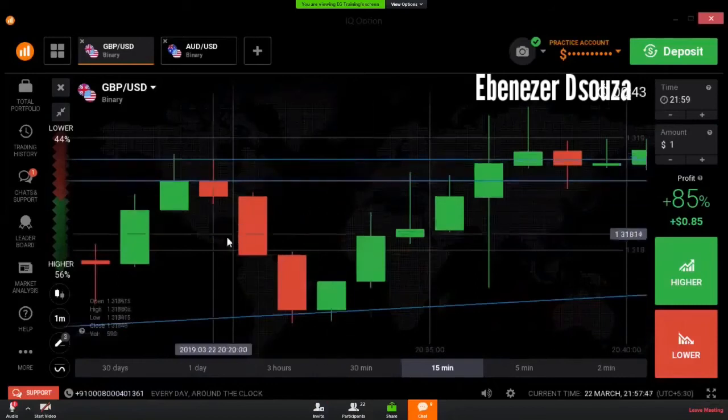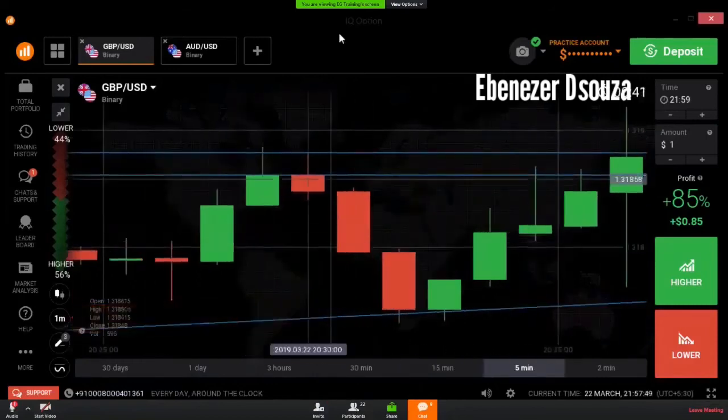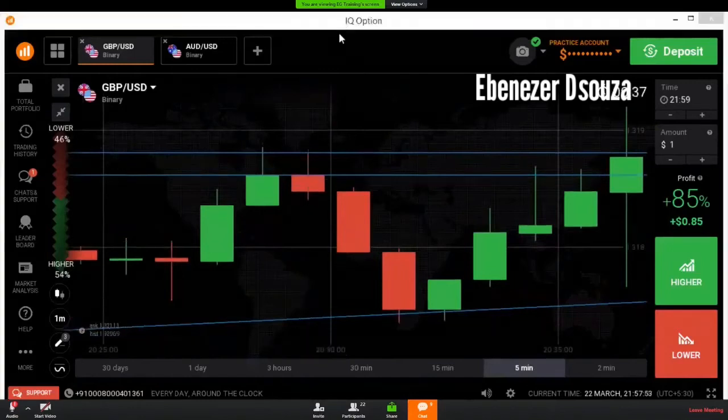Okay, here we are seeing a seller's entry from this level. We are seeing a seller's entry from this level to this level, but we are seeing sellers directly only in this part. We are seeing sellers entry indirectly in this wick.